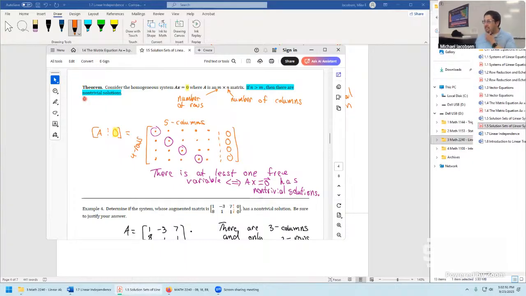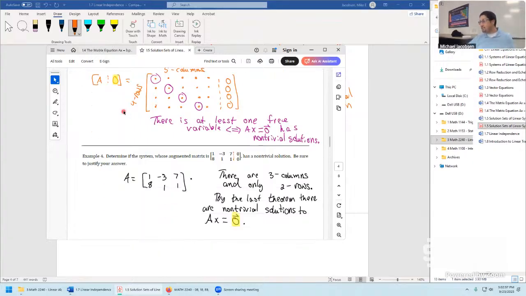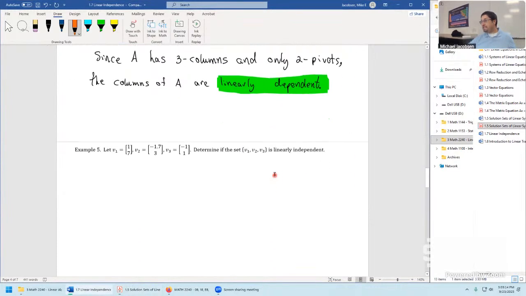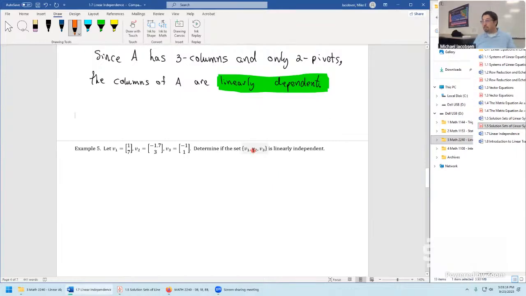I regret that color coding. That should have been green, because if there are non-trivial solutions, that would mean linear dependence. So when we put together these 3 vectors here, there is a non-trivial solution immediately, and we didn't have to do any row reduction whatsoever. There's at most 2 pivots, so one column is going to be a non-pivot column.